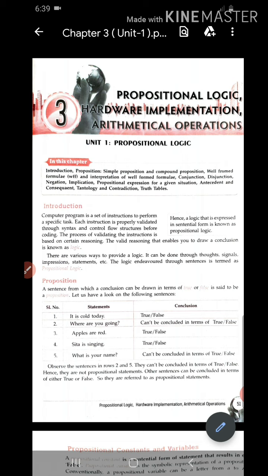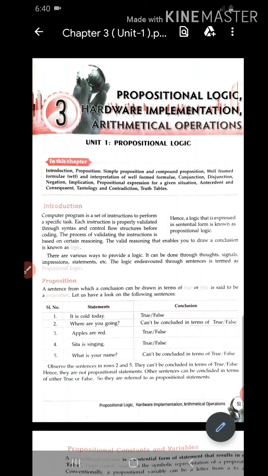Few instructions were proper. And see the next line, what is written. The process of validating the instruction is based on certain reasoning. Means whatever we are writing, certain reasoning should be there.